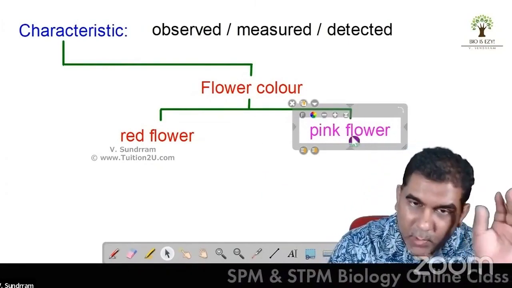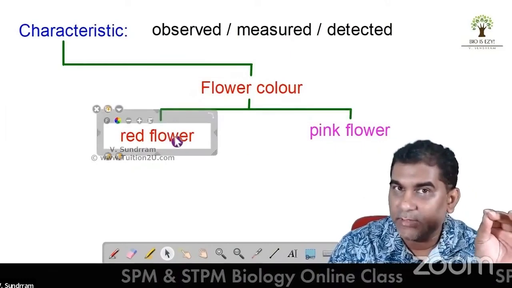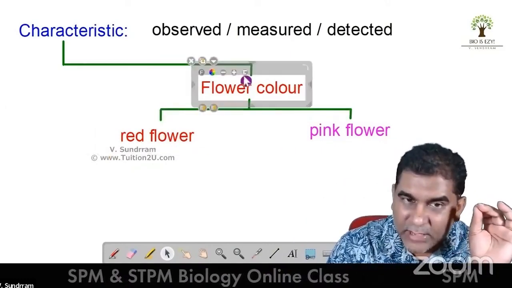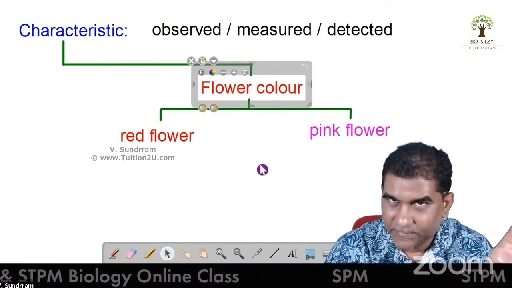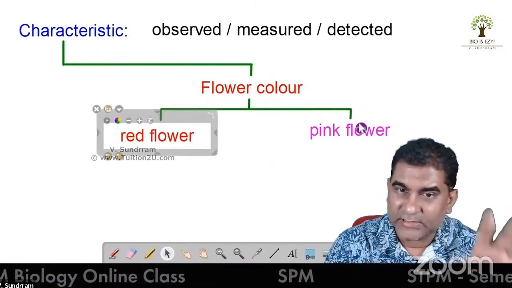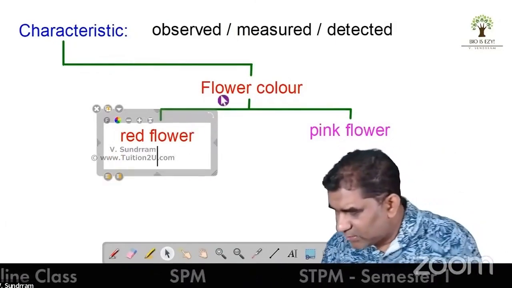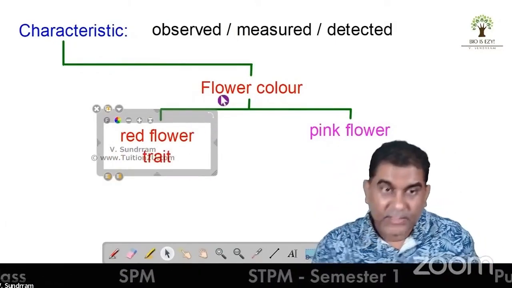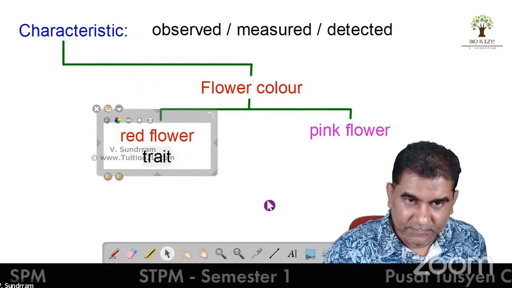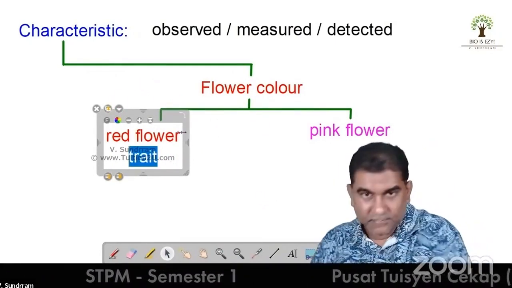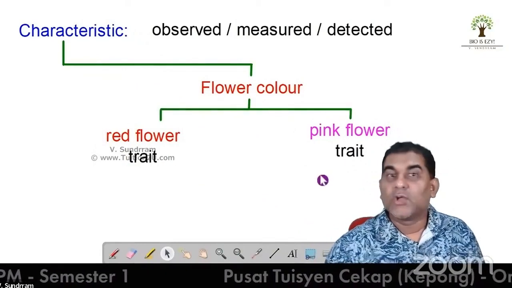Now both of these, pink flower and red flower, come under the flower color characteristic. They come under the characteristic, but they are different, red flower and pink flower. So both of these, we call them traits.